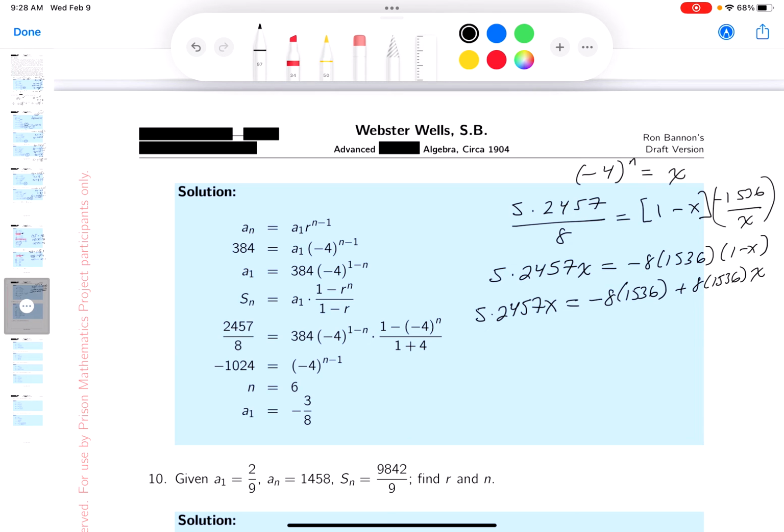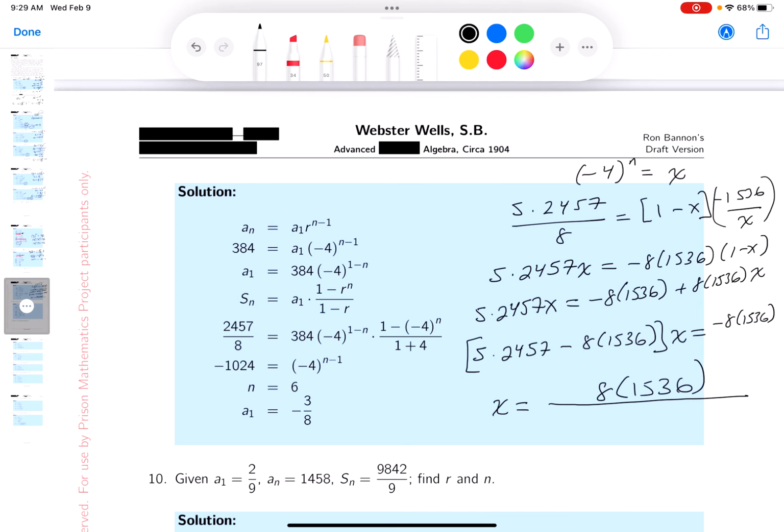Wow, I'm getting really close. Let's write this down. 5 times 2457 minus 8 times 1536, x equals minus 8 times 1536. x is 8 times 1536 over 8 times 1536 minus 5 times 2457.